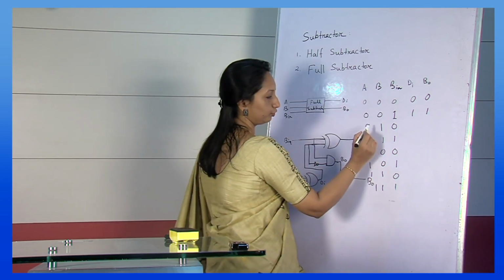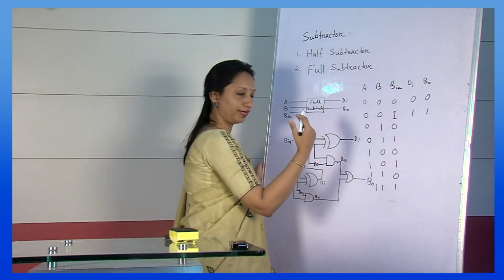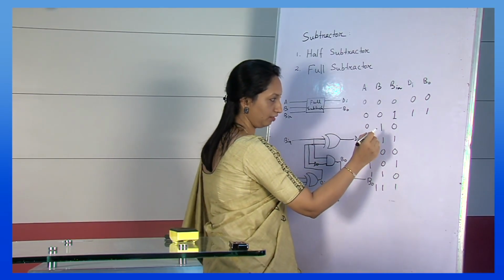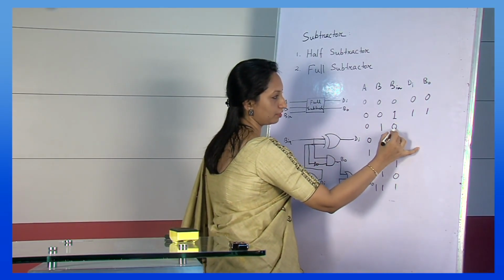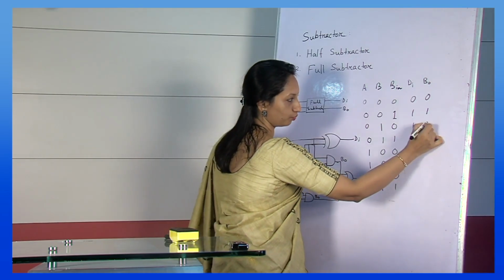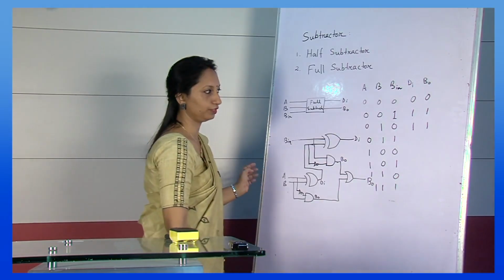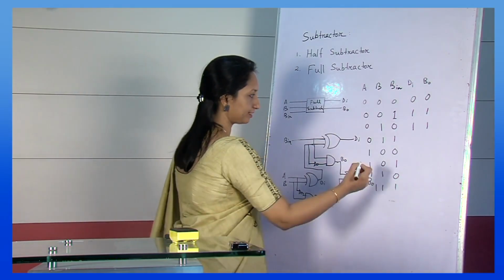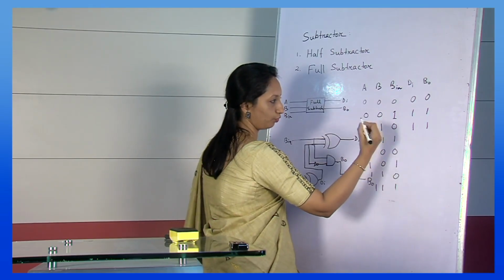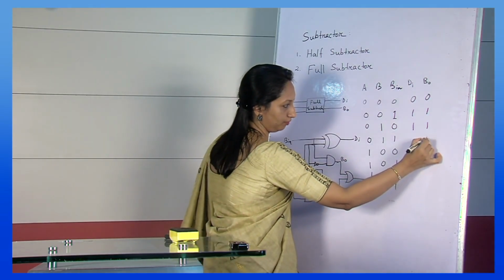Next, 0 minus 1, from the law of binary subtraction, 0 minus 1 is 1, there is borrow 1, so borrow output is 1. Next, 0 minus 1 minus 1, the difference is 1, borrow is 1.